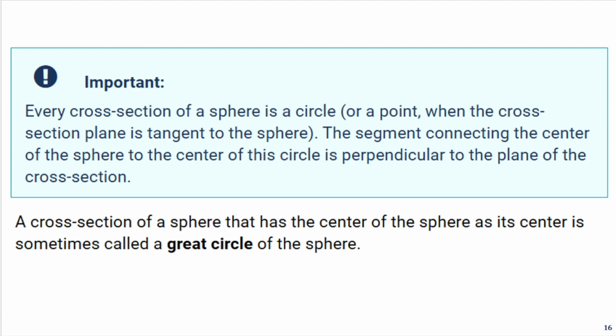The segment connecting the center of the sphere to the center of its circle is perpendicular to the plane of the cross-section. A cross-section of a sphere that has the center of the sphere as its center is sometimes called a great circle of the sphere.